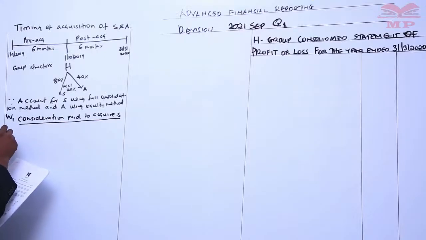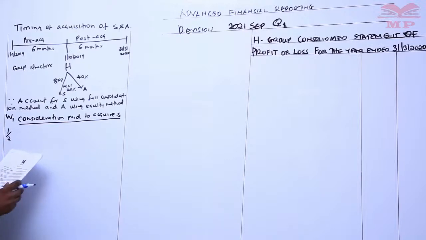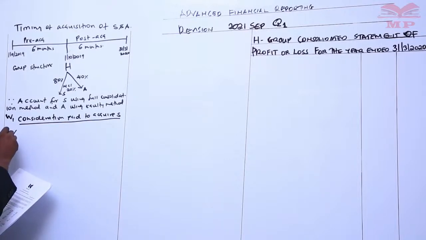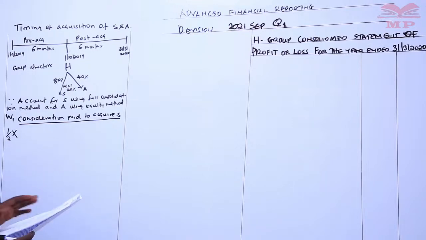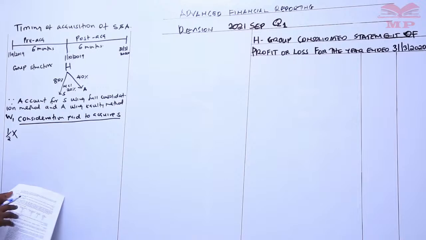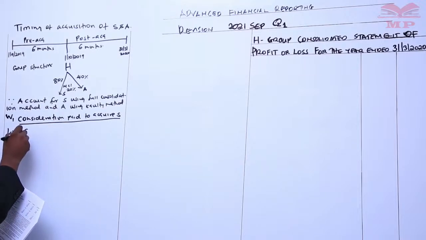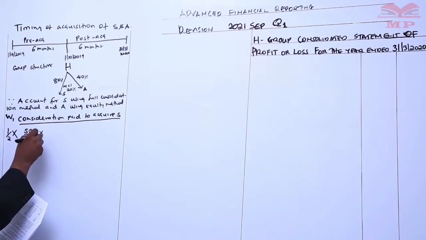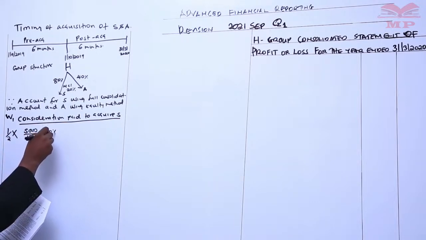So this is what I'll do: 1 for every 2. How many shares do we have for S? Go to the equity side. Ordinary share capital is 5 billion, so divided by 10. We acquired 80%.